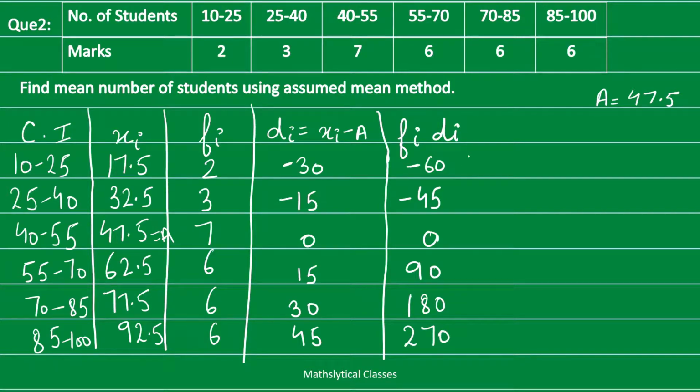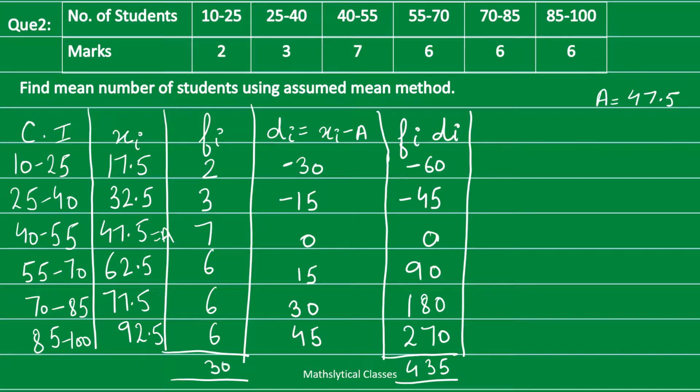Okay, so this is fi di. Now find the sum of fi di. This will come out to be 435, and find out the sum of the frequencies. This will come out to be 30.